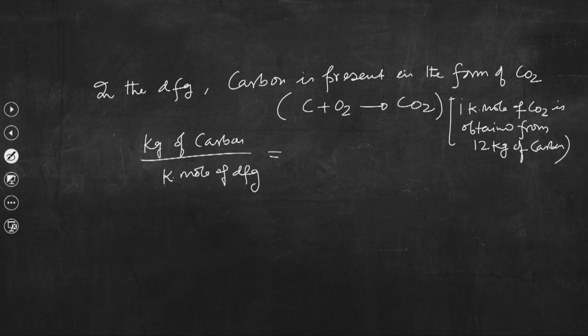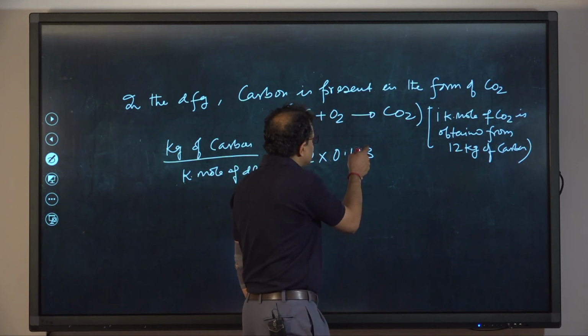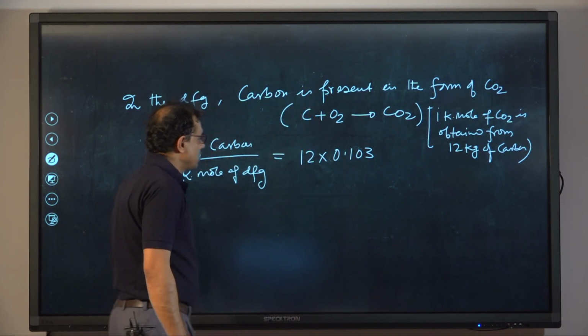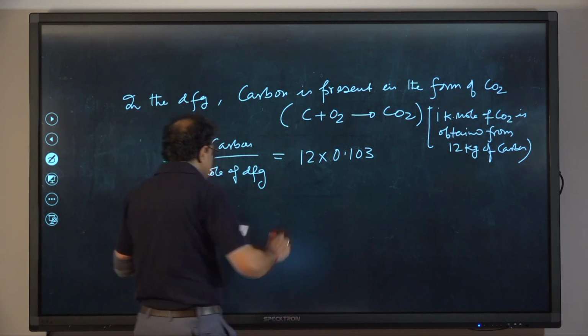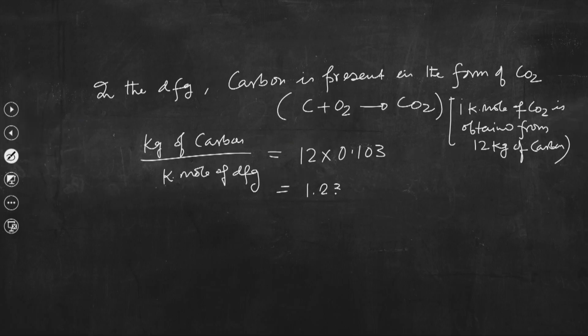So, kg of carbon per kilomole of DFG is equal to 12 into 0.103, because we need to know how much carbon is present in 0.103 kilomole of CO2. So, this is the quantity and that is coming as 1.236. Okay. So, now let us write some chain kind of rule, that is kg of DFG by kg of fuel.